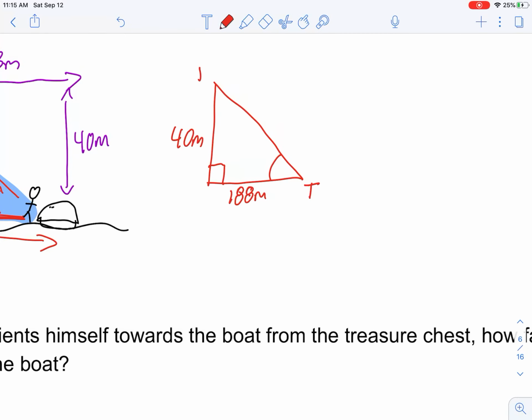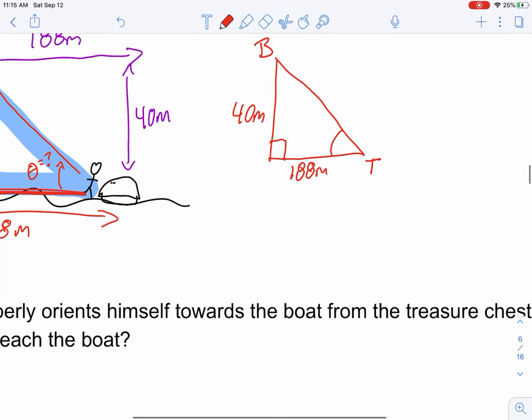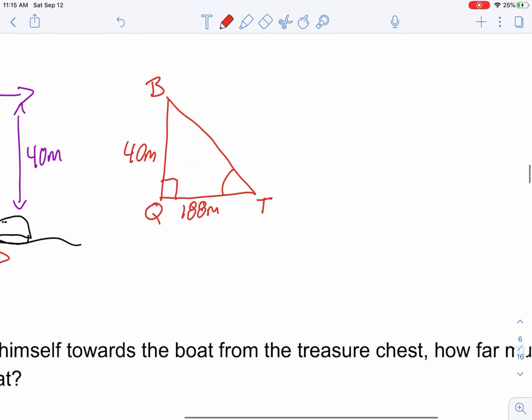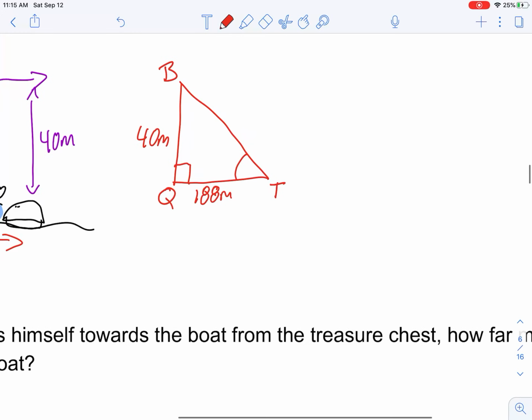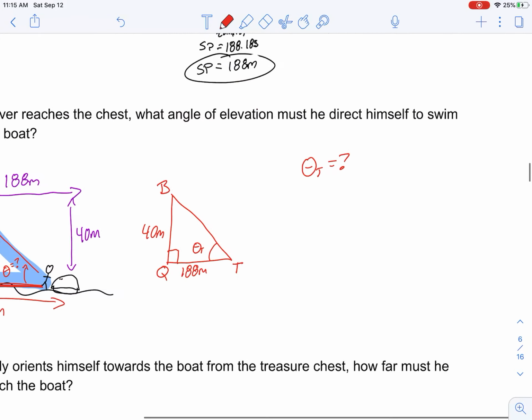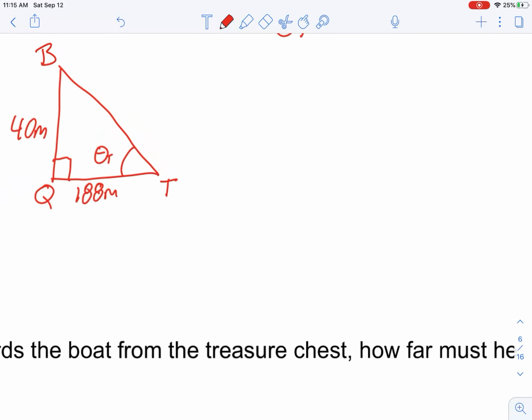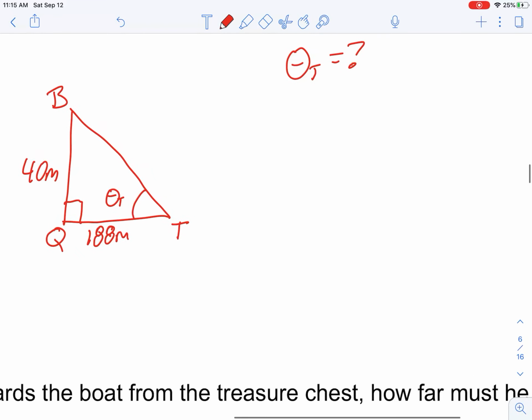So I'm going to represent this as treasure, boat, okay? And we can just represent this as anything here. I'm going to represent it as Q. Now again, we are trying to solve for this angle, so this is angle T. So my question is angle T. So we have taken quite a confusing sentence and represented it in a very simple triangle, which is very useful to us. Okay, so we're trying to solve angle T.